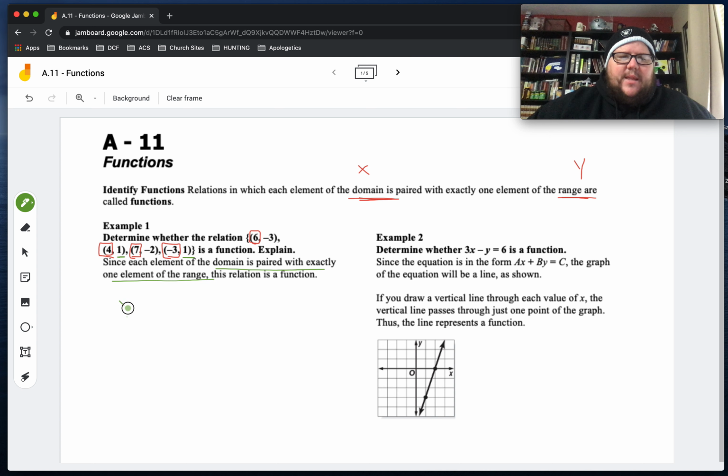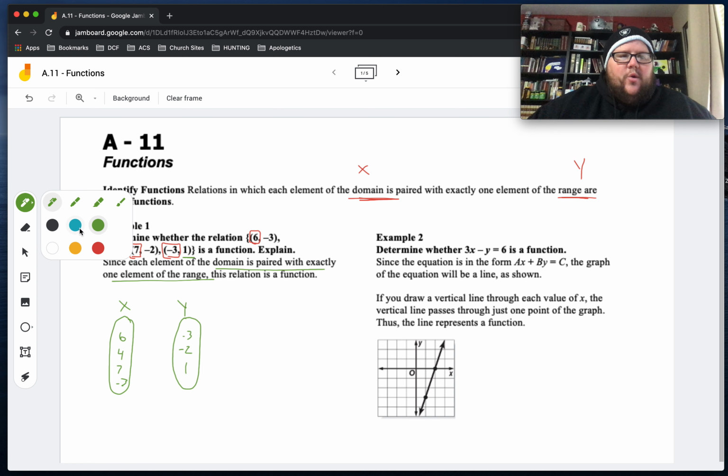I'm going to show you guys the mapping here, and that might actually make it look easier too. I'm not going to worry about putting them in order. I'm just going to go 6, 4, 7, and -3. But then our y's were -3, -2, and 1.